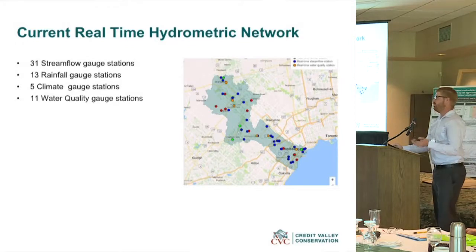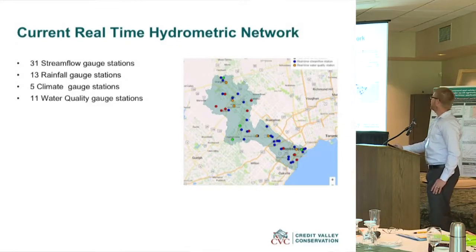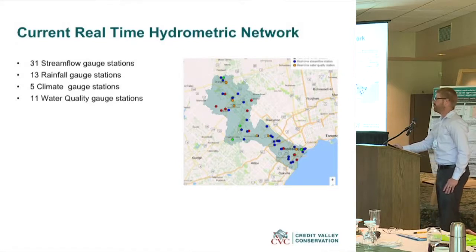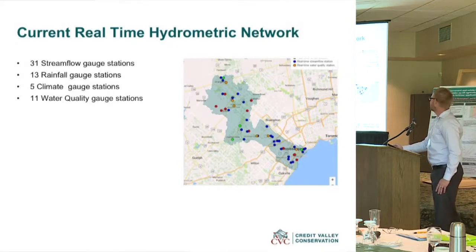These have a whole host of sensors, including tipping bucket rain gauges, temperature sensors, barometric pressure, relative humidity, wind speed, wind direction, and solar radiation. Currently, one of our climate stations has soil moisture sensors. We are working on expanding that to at least 1 station in each region of the watershed.